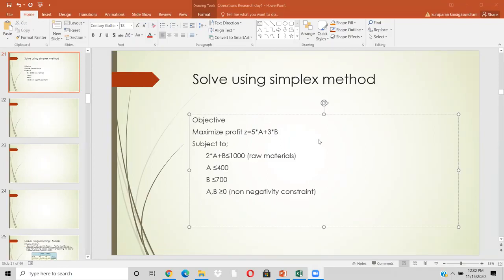To make it equal, I have to add. Similarly for this one also I have to add a variable, the slack variable. Again, S1, S2, S3 also are non-negative.